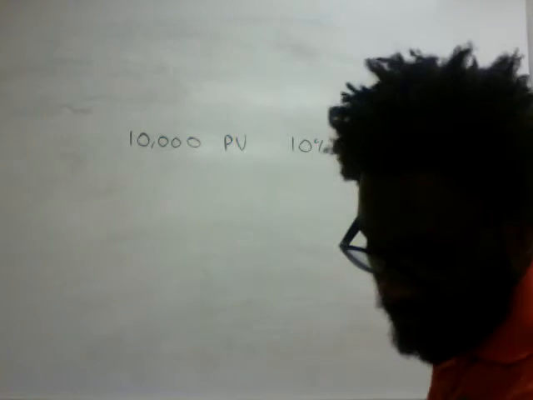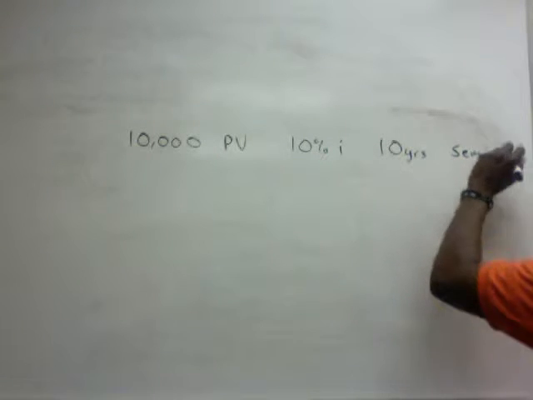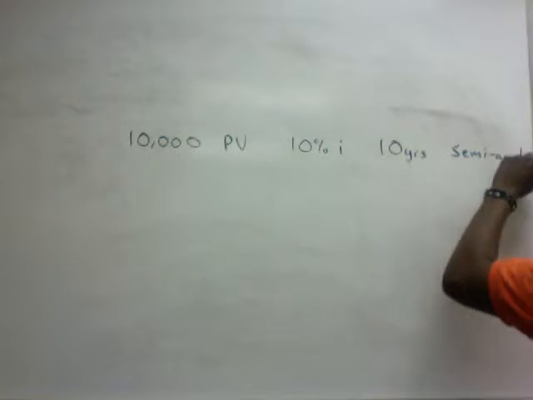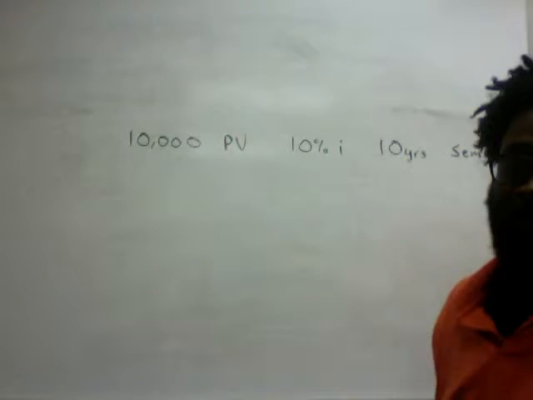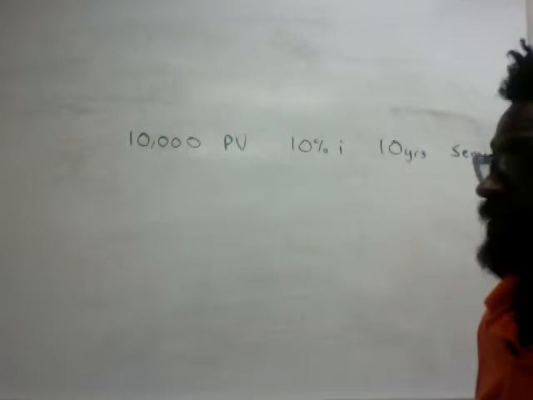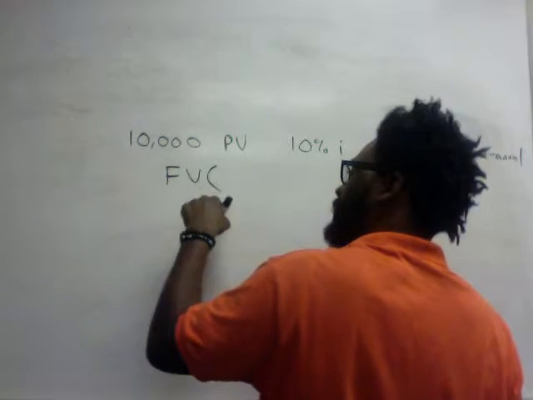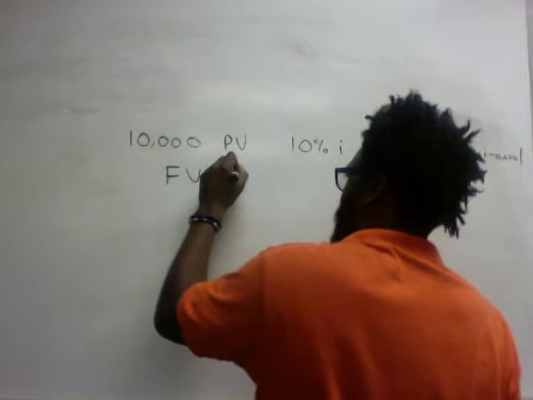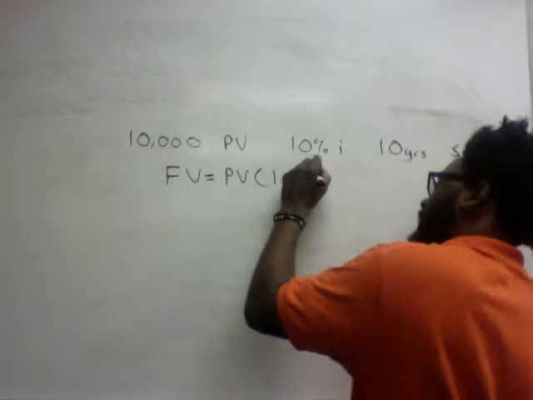And let's say that it is semi-annually. Obviously, if they're giving us the present value, we would simply have to calculate the future value. So we will use our future value formula. The future value is equal to the present value times 1 plus I to the n power.